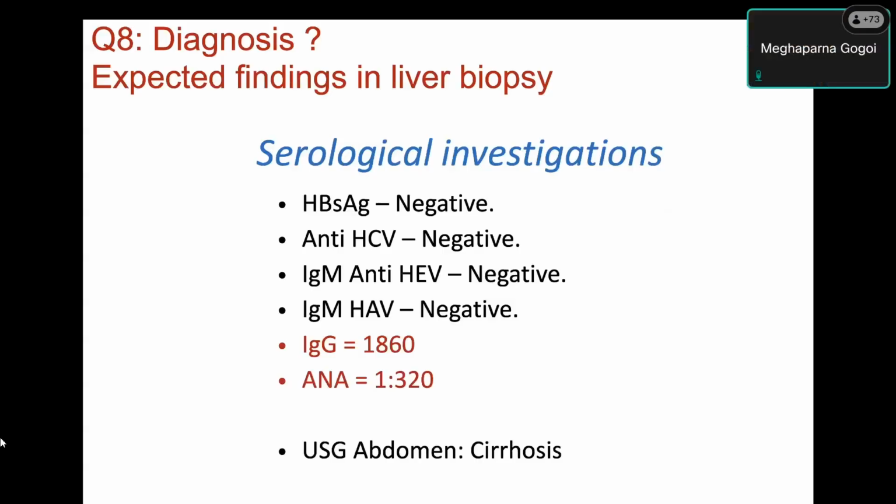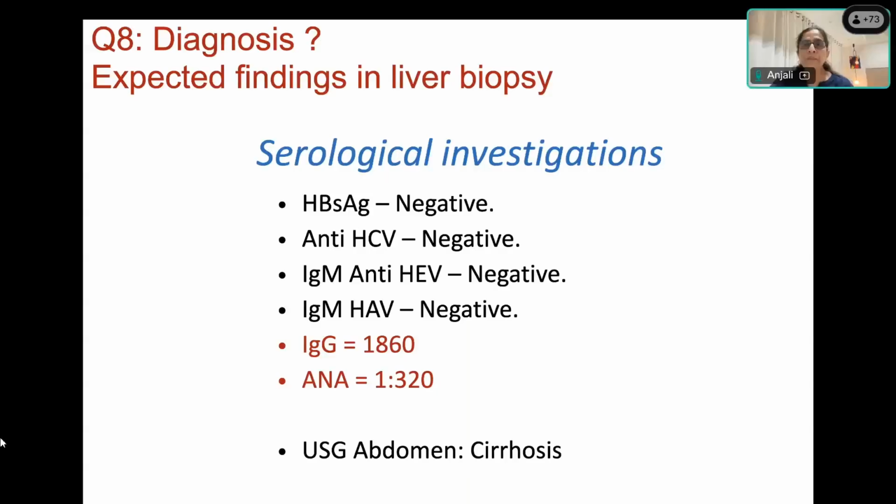Ma'am, there will be interface hepatitis, there will be emperipolesis, and there will be clusters of plasma cells. And there will also be hepatitic rosette formation.